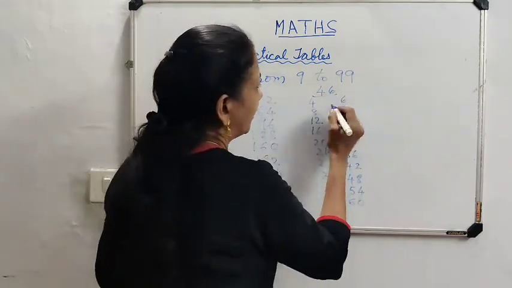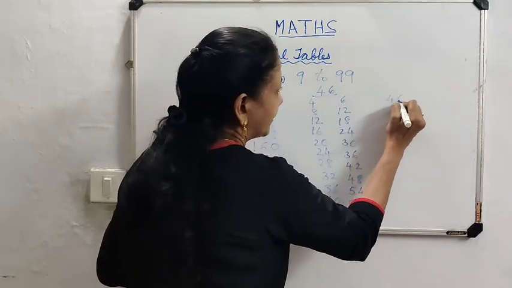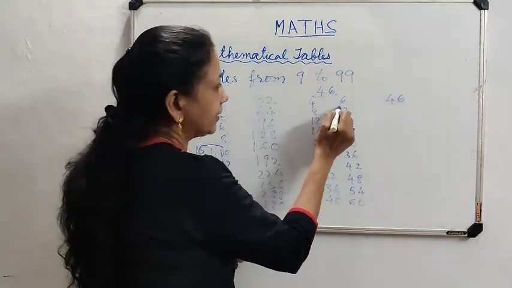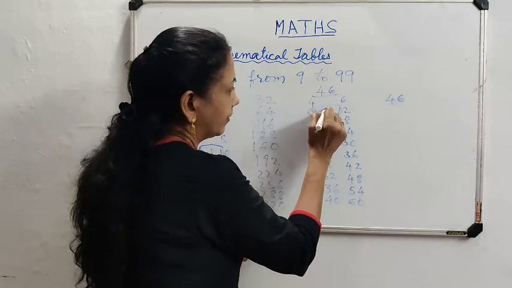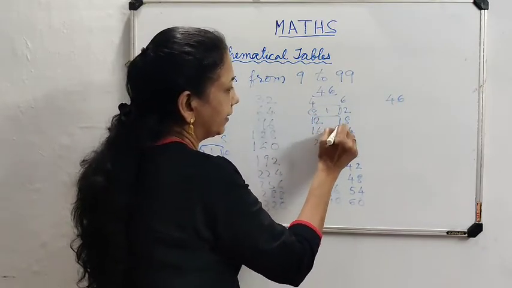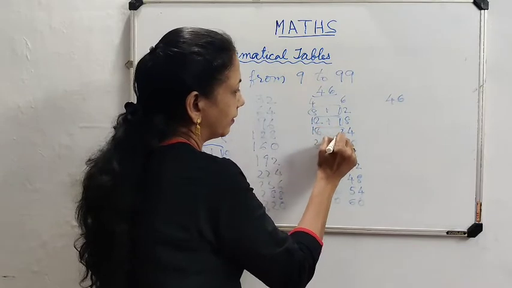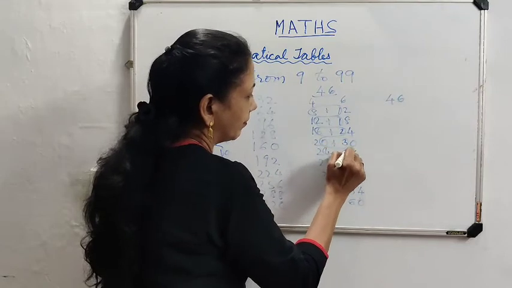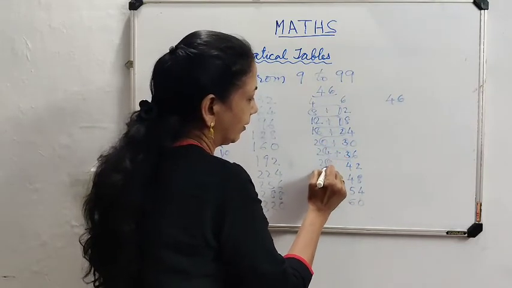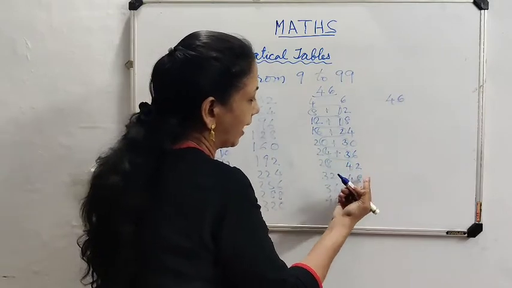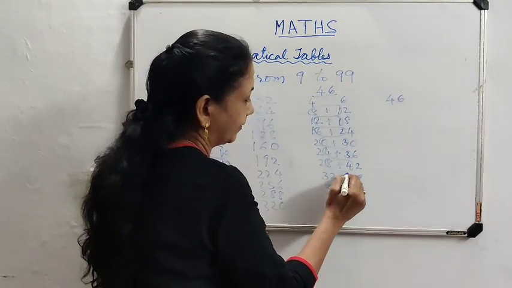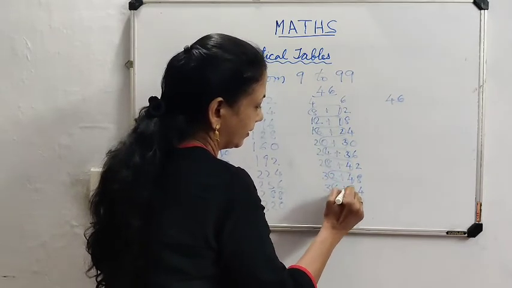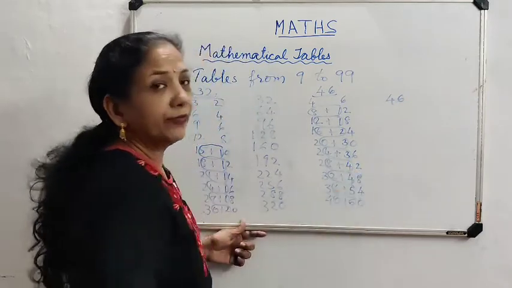Now the 46 table. First these two. The ones place is only one digit. Now this and this add: the tens place ones and the ones place tens, both add, because we can't write two digits.